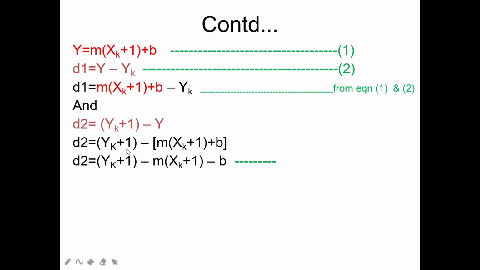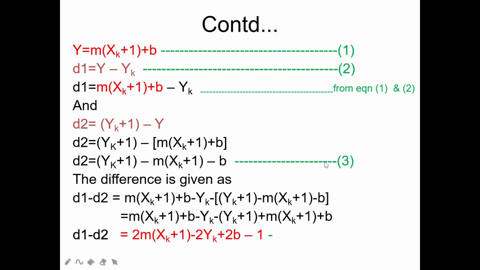So this yk plus 1, let it be like this. This minus will multiply with this plus, so minus m(xk+1). Again this minus will multiply with this plus sign, minus into plus is minus b. Okay, this is my next equation, equation number 3.